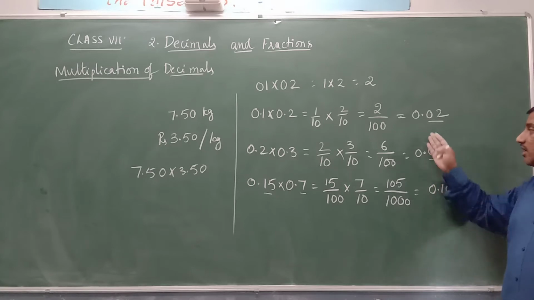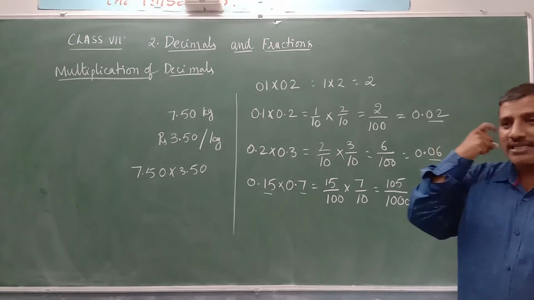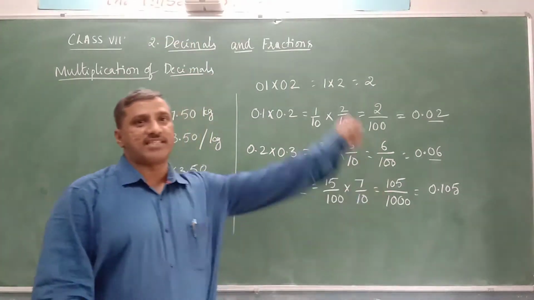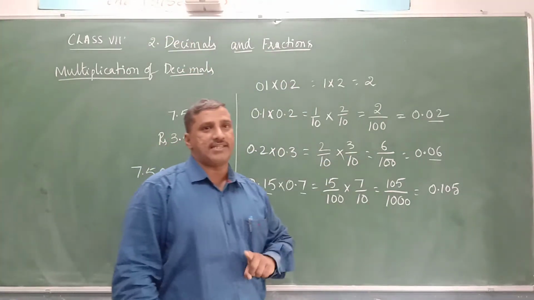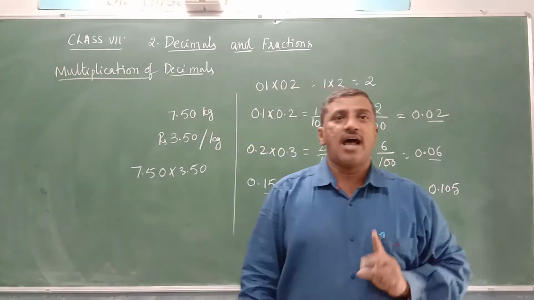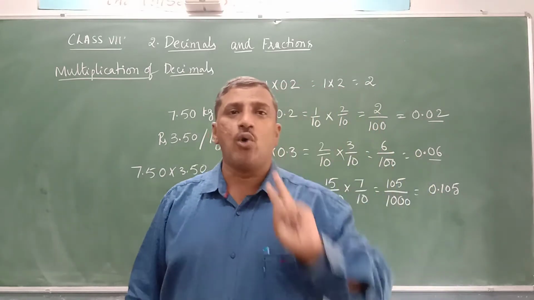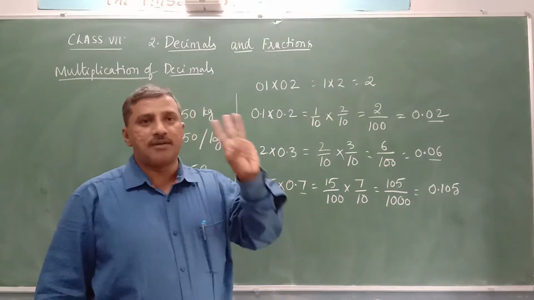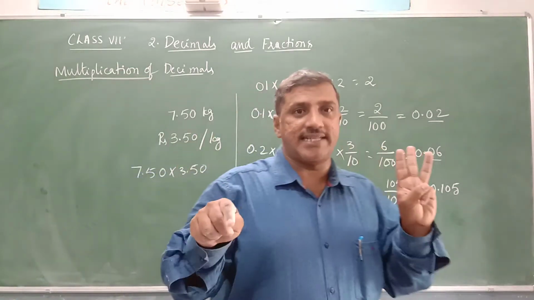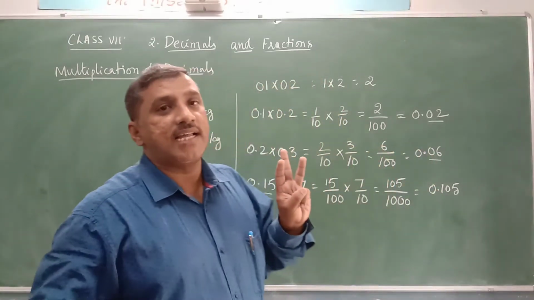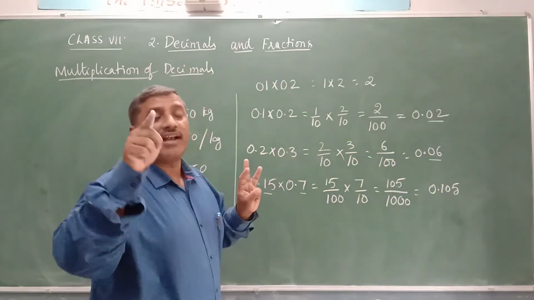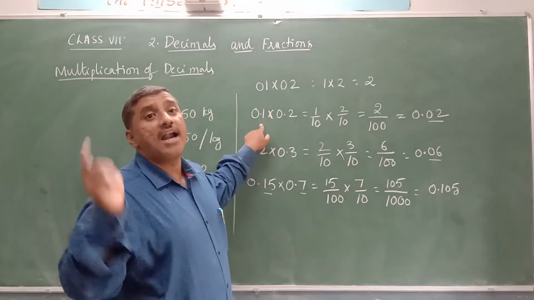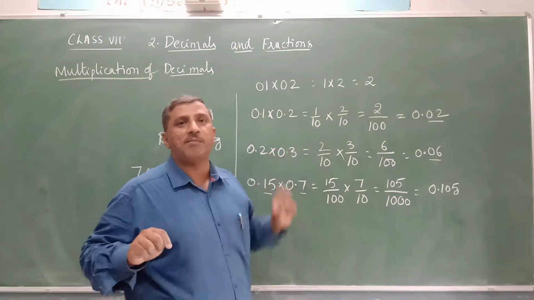So instead of doing this, just by remembering the concept, how to multiply decimals: first, we should ignore the decimal point. Ignore the decimal point and multiply the two numbers as whole numbers. Then third point, count the number of digits in the given two decimal numbers, that is the multiplier and multiplicand.